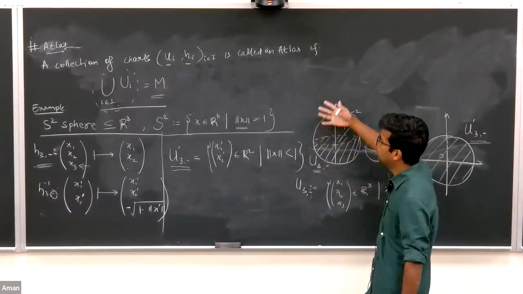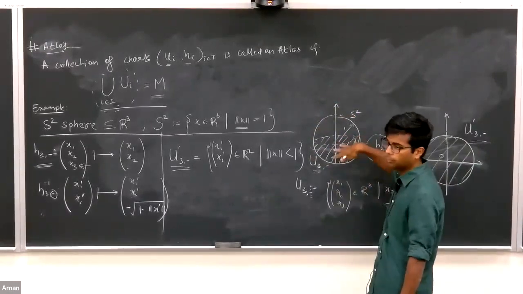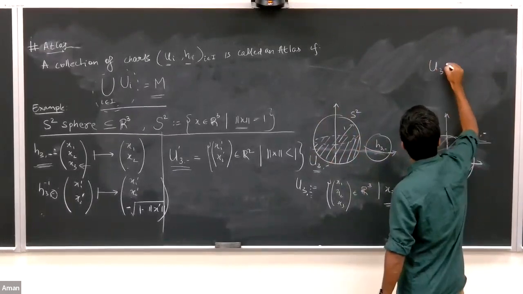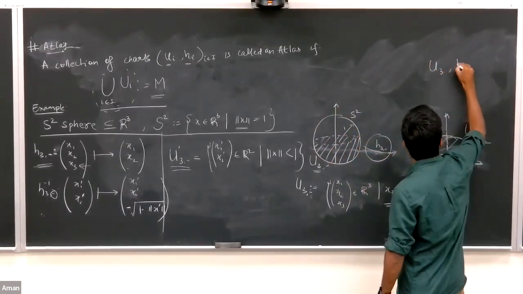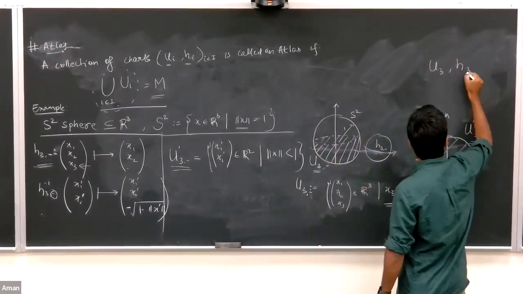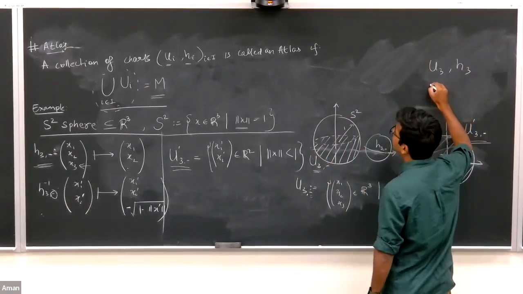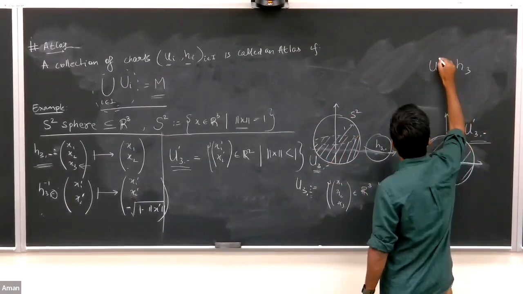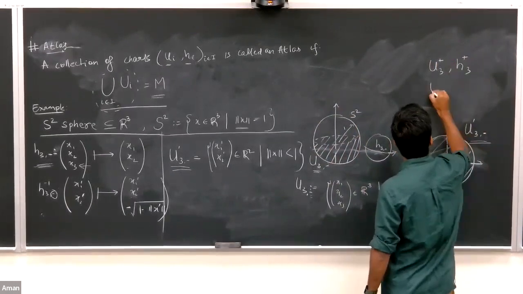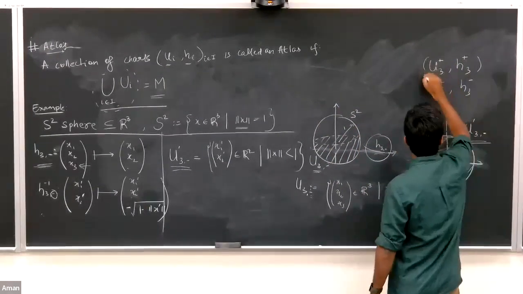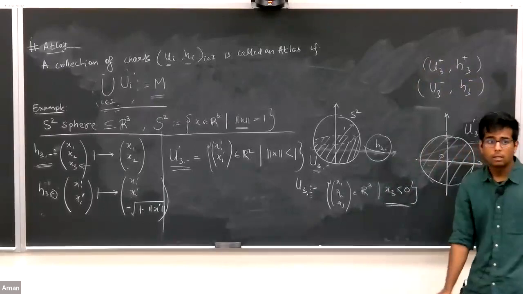And we have two maps for the upper hemisphere and for the bottom hemisphere: U3 plus, H3 plus, and U3 minus, and H3 minus. Is this now an atlas?